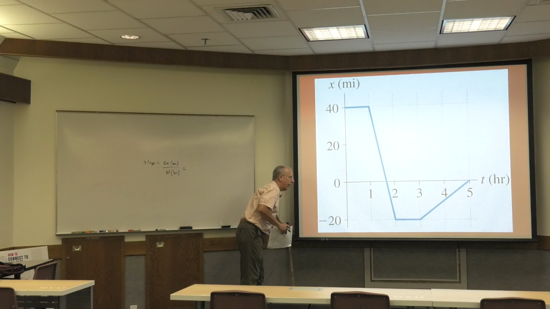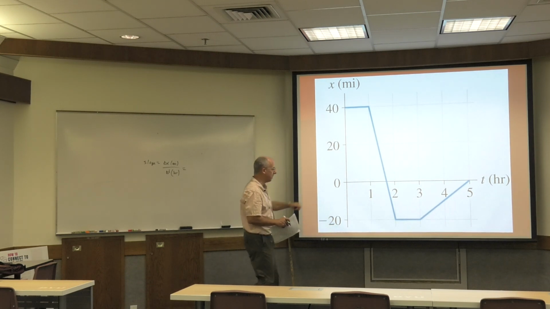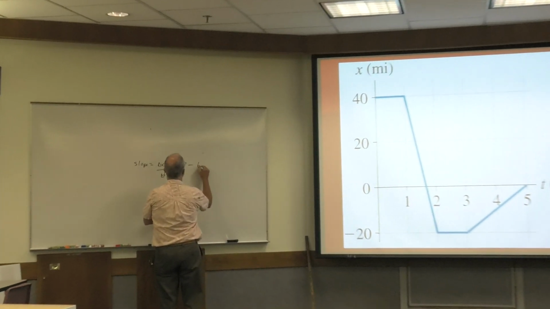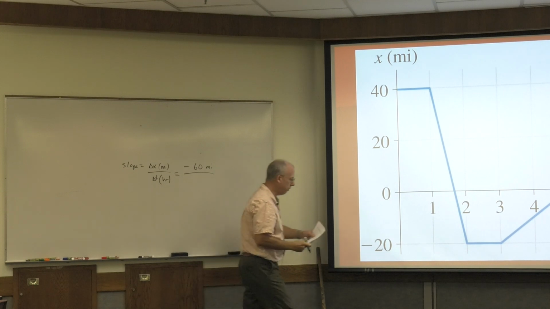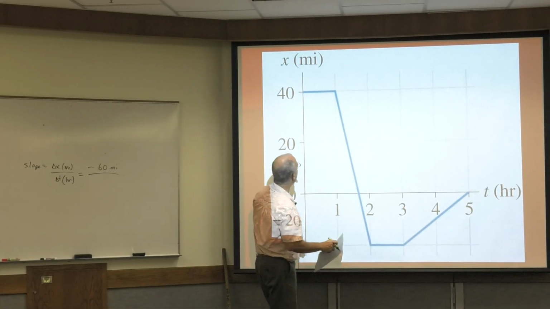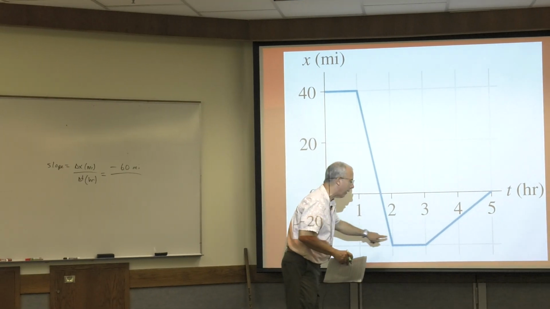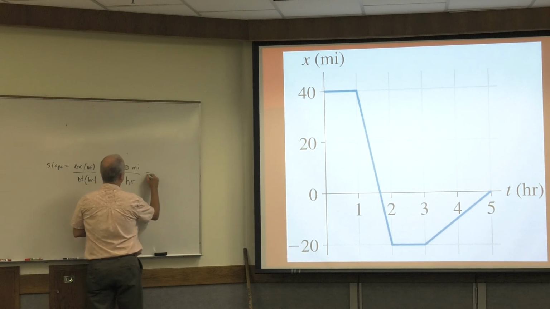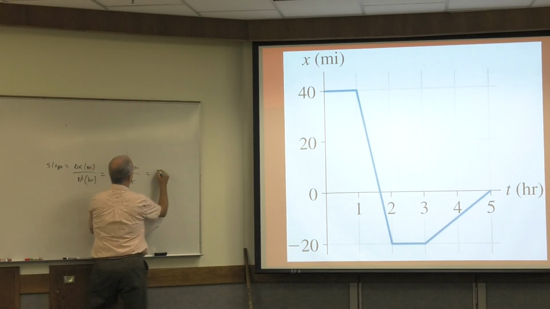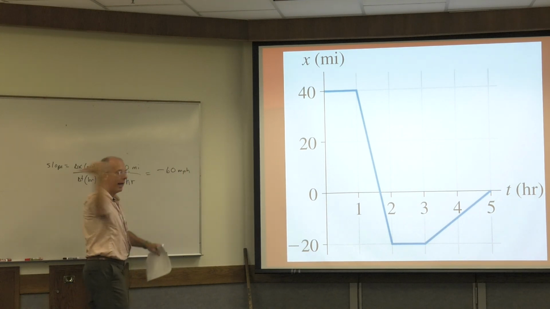It's final minus initial, so negative 20 minus 40 is minus 60 miles. Agree? Because it's final minus initial. The time is final 2 hours minus initial 1 hour, so 1 hour. So it's minus 60 miles per hour, going that way.